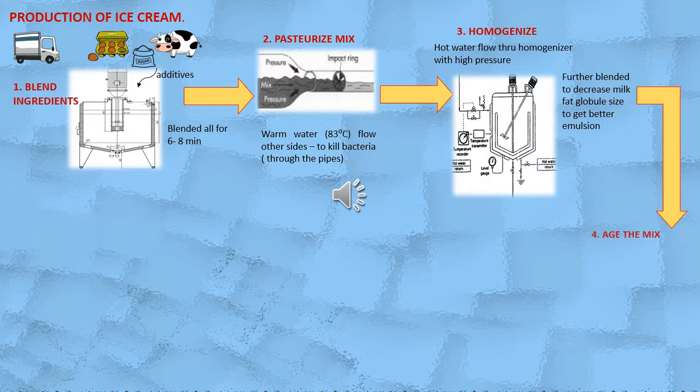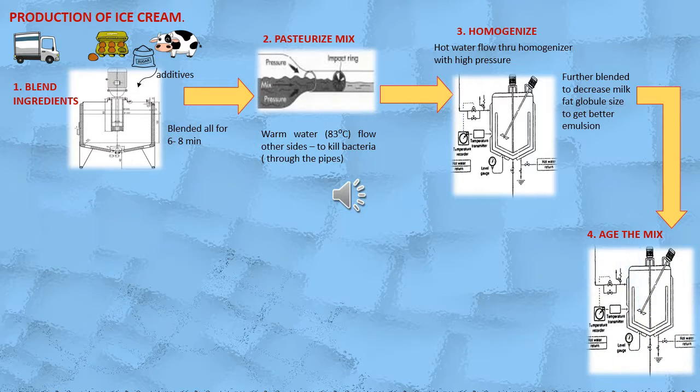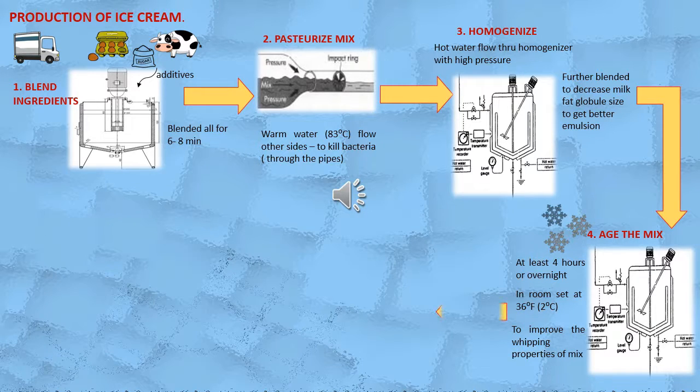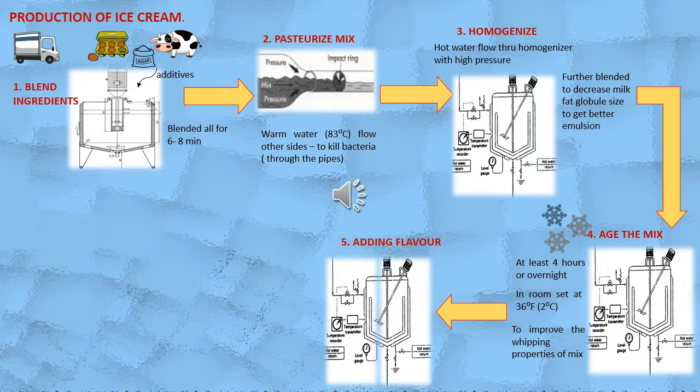The ice cream mix is aged at 2 degrees Celsius for at least 4 hours or overnight. This process allows the milk fat to partially crystallize and improves the whipping properties of the mix. After that, the mix is further blended, and liquid flavor and color are added through piping. They freeze the mix in the batch freezer.